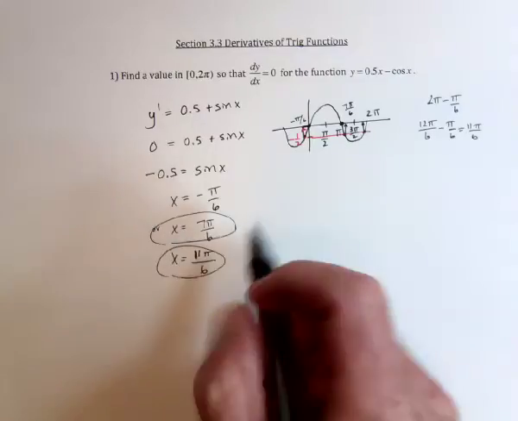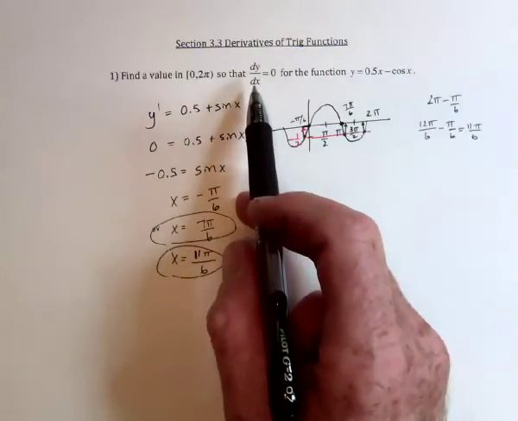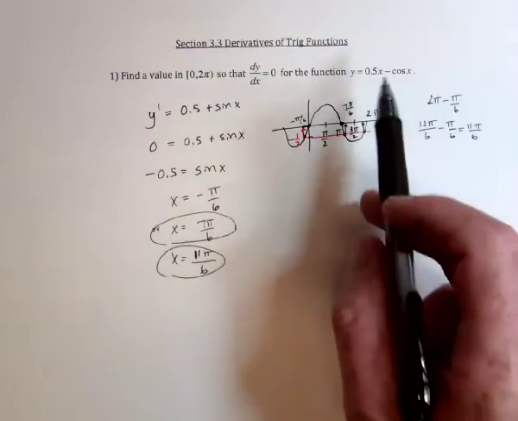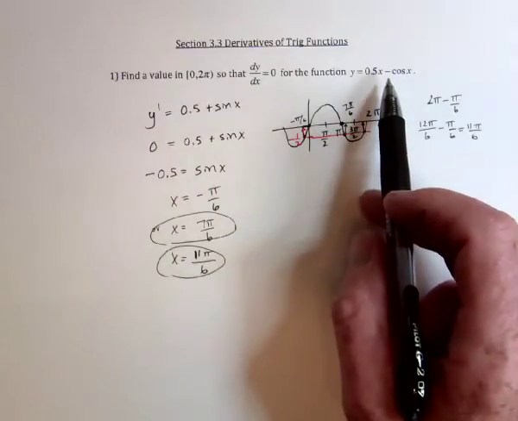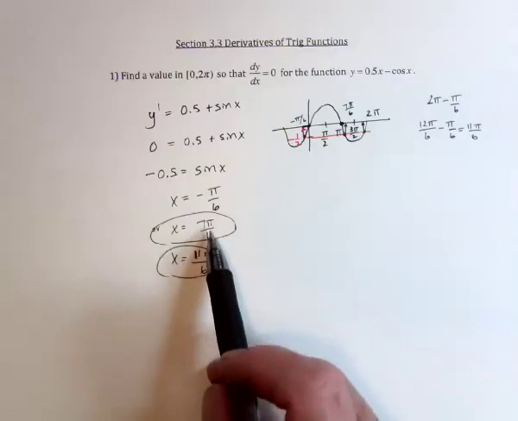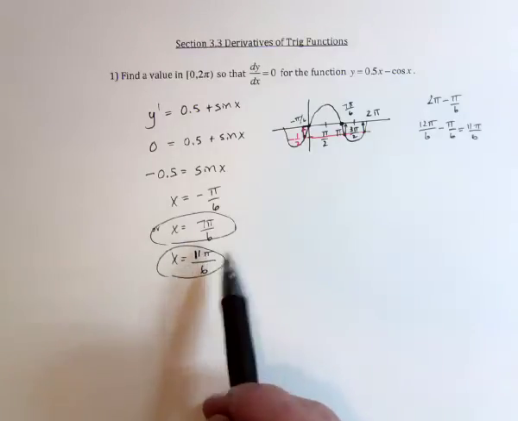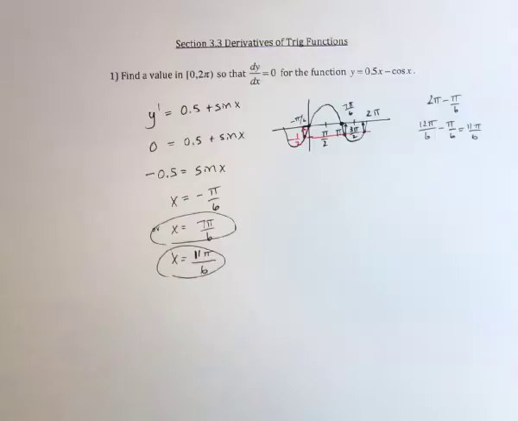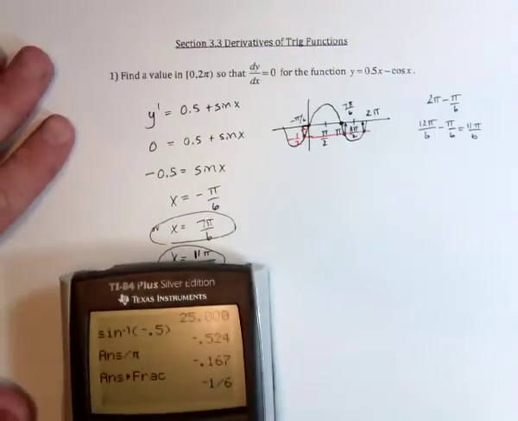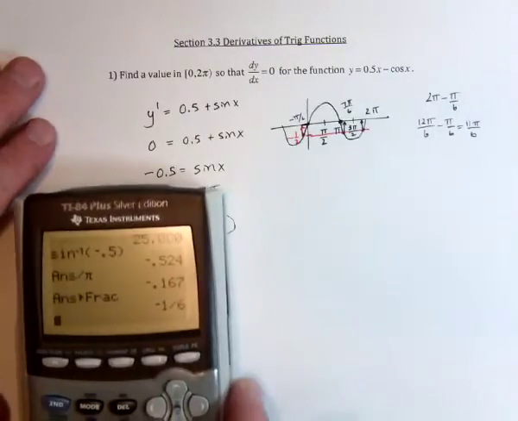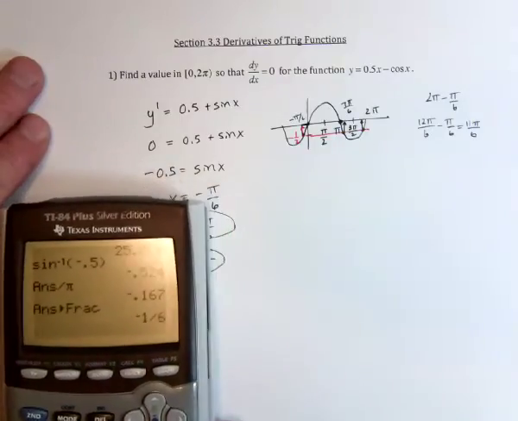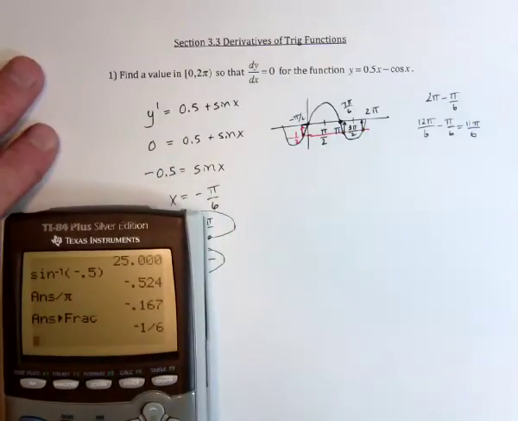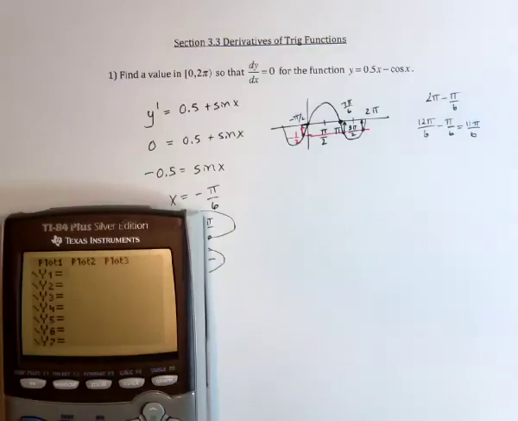Now keep in mind that the derivative is telling you the slope of the tangent line. So if we take a look at the graph of this thing, we should find out that the slope of the tangent line at these two values is 0, or in other words, it's a horizontal tangent line. So let's take a look at the graph. So there's the original function.